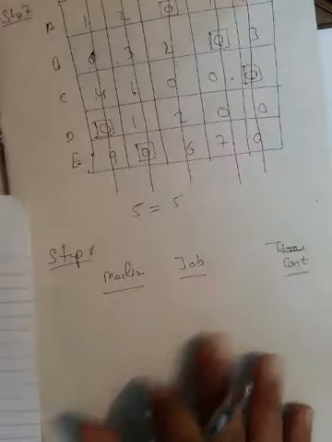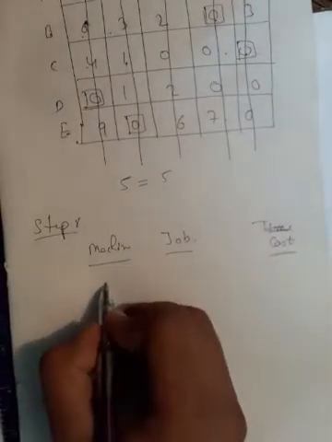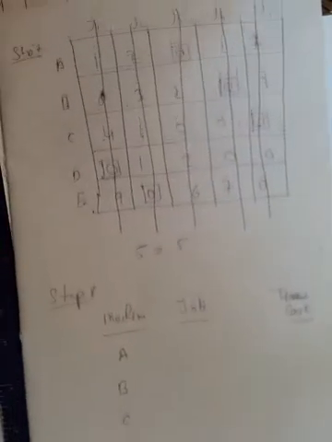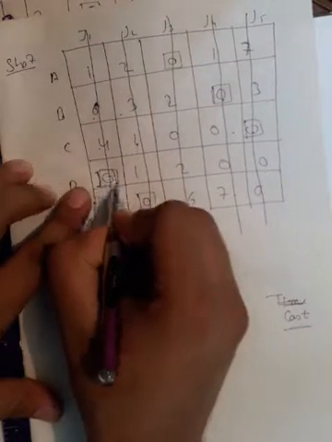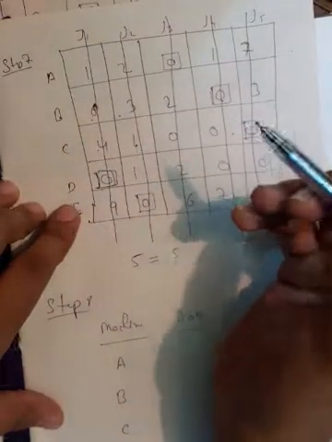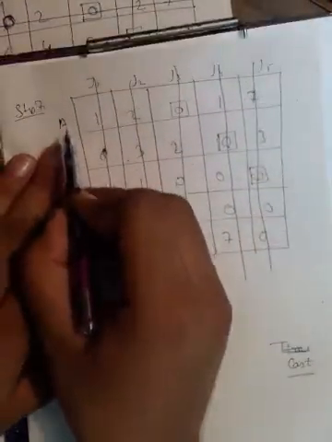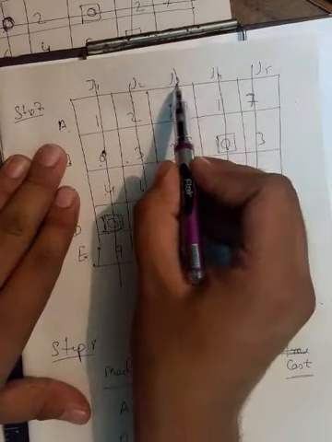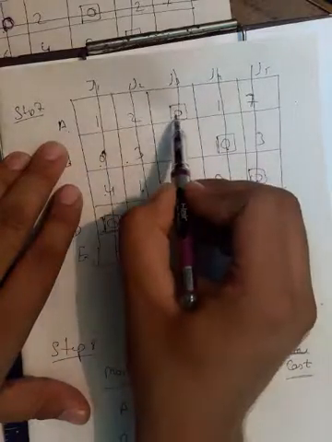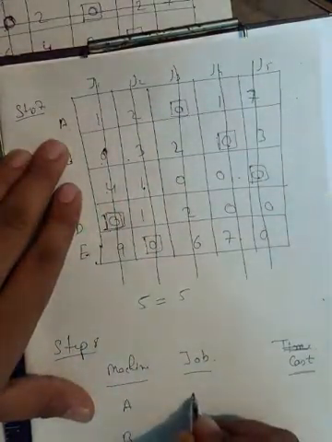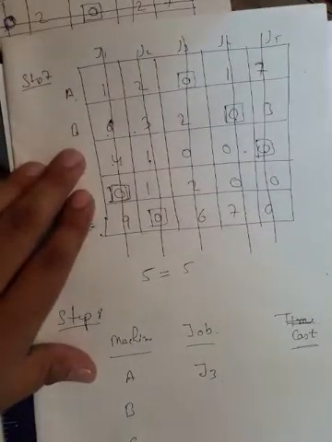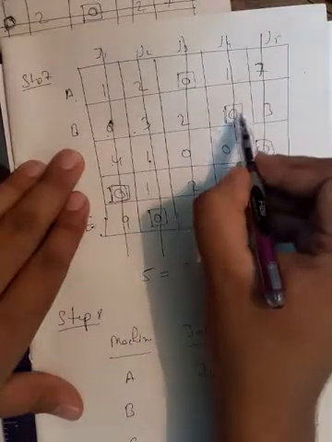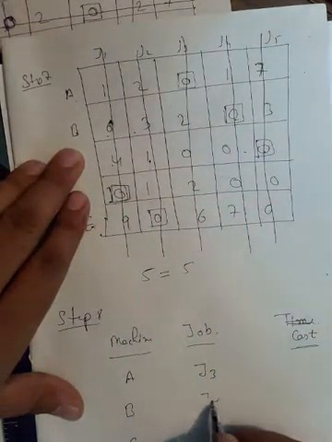So write the machine numbers A, B, C, D and E. Now the job values: where did we get the allocated cell for machine A? For A I got the allocated cell in job 3, so I write J3. For B I got the allocated cell in job 4, so write J4.